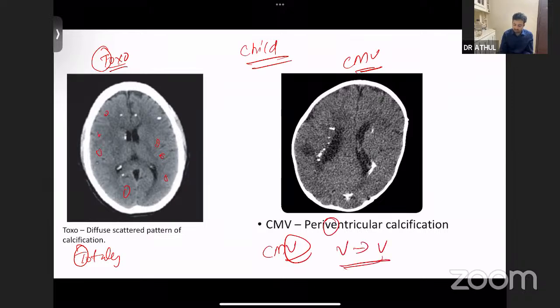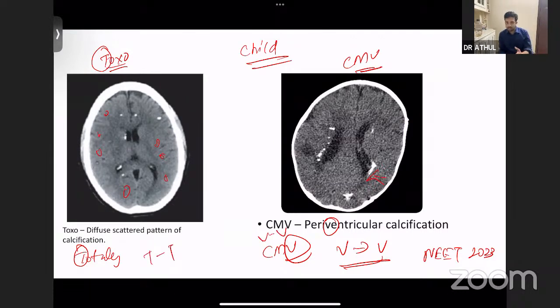In NEET 2023, they gave the image of this periventricular calcification. That is why this is very important. In CMV, always periventricular calcification; in toxoplasmosis, totally scattered calcifications. For T4T and V4V, just remember the mnemonic, get the questions correct and get a good seat.